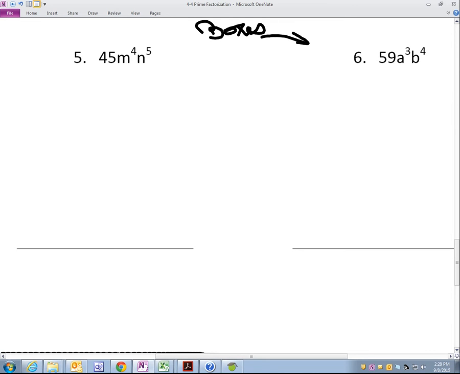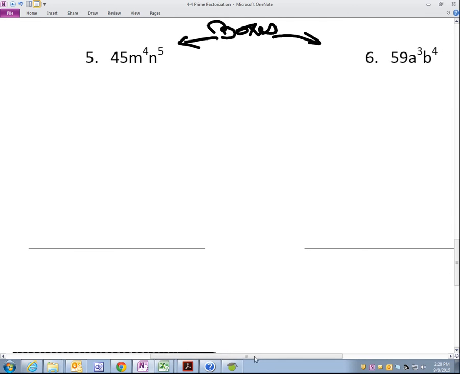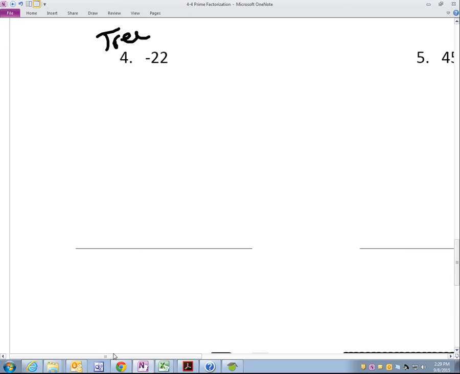And then on the homework, you'll be able to choose whatever you want. So do that. Tree on number 4, boxes on the other 2. Go ahead. Okay. So make sure you finish that tonight or something.